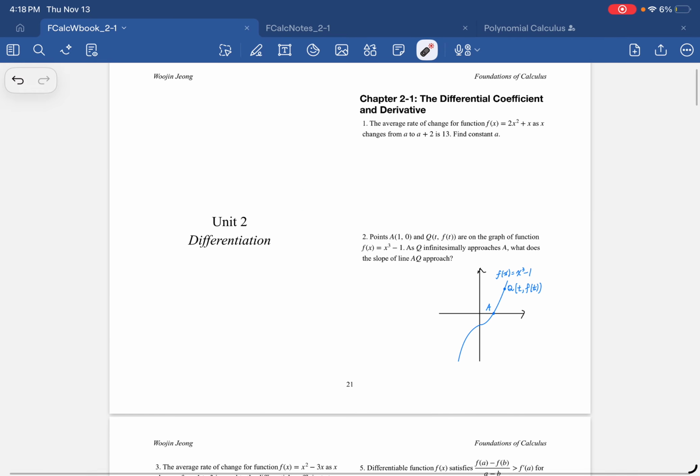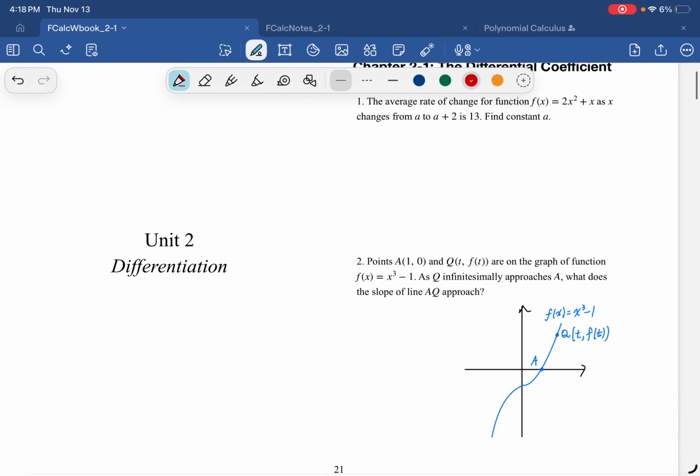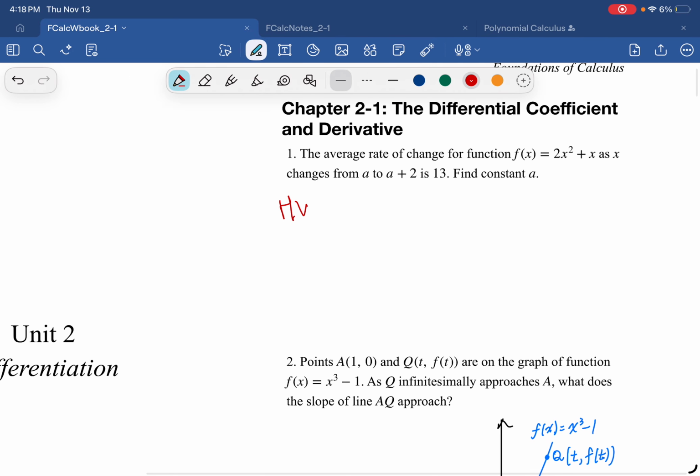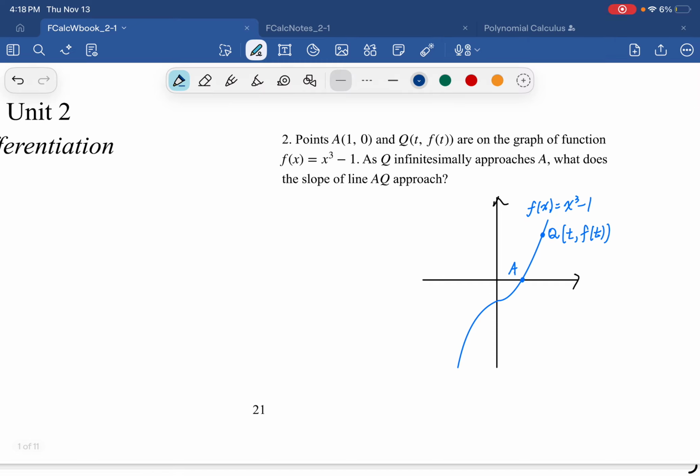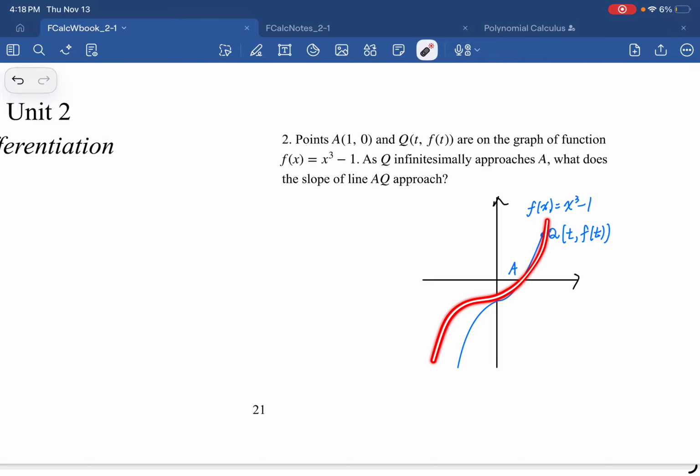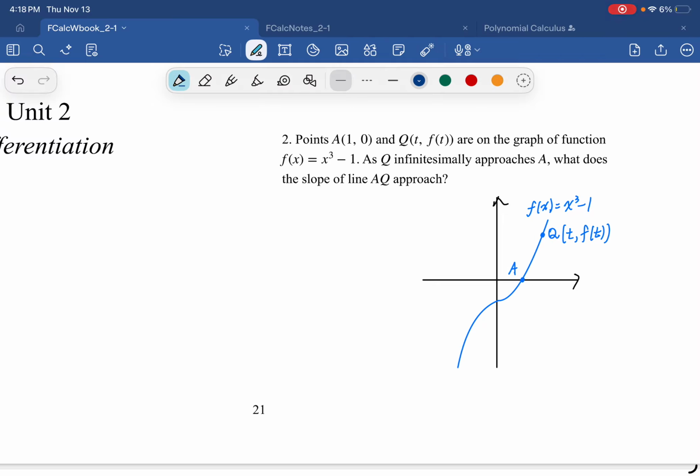So for homework, number 1 was homework. And number 2, as Q, okay, so we have a, which is (1, 0). We have the function x cubed minus 1. Q is (t, f of t), and Q infinitely approaches a. So that's our literal definition of the slope of the tangent line at a. So we can take the derivative.